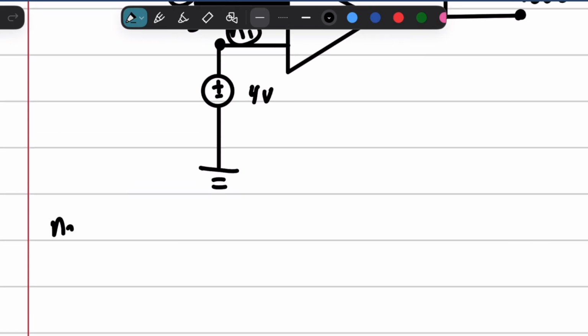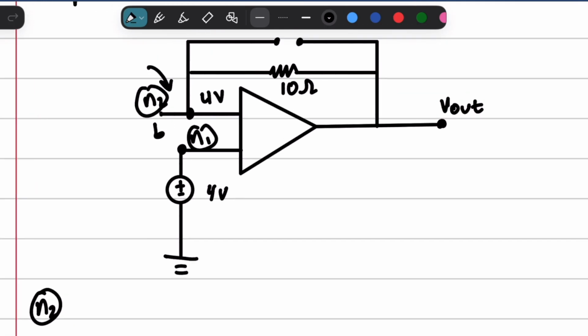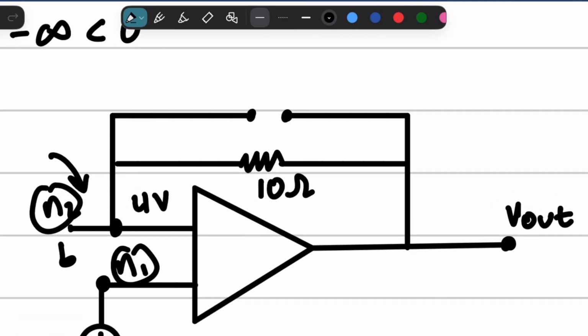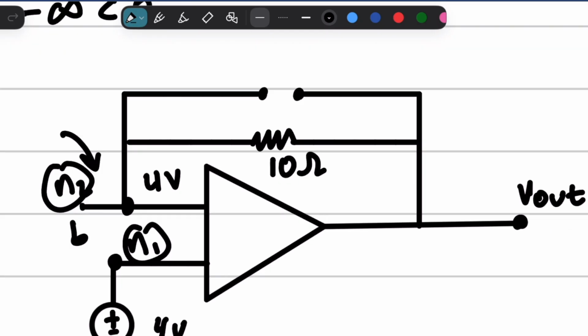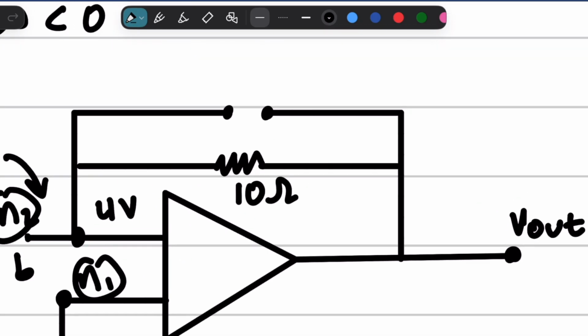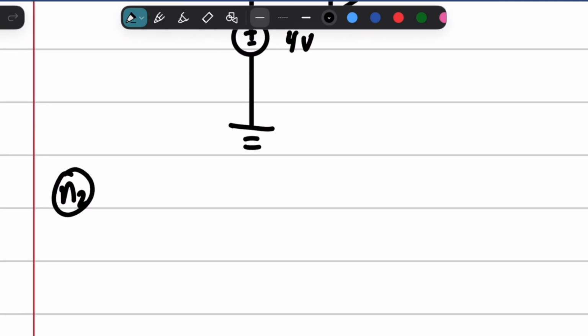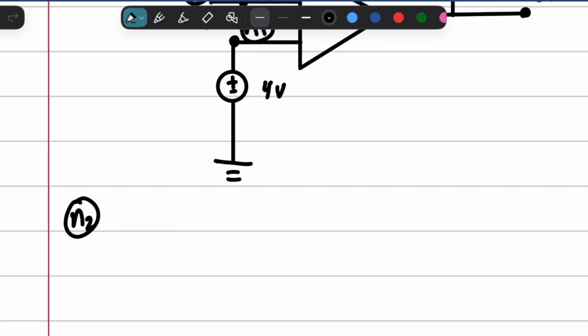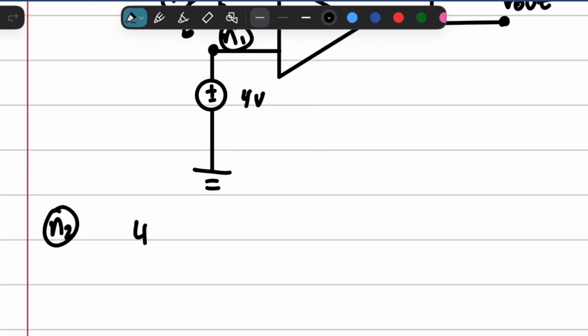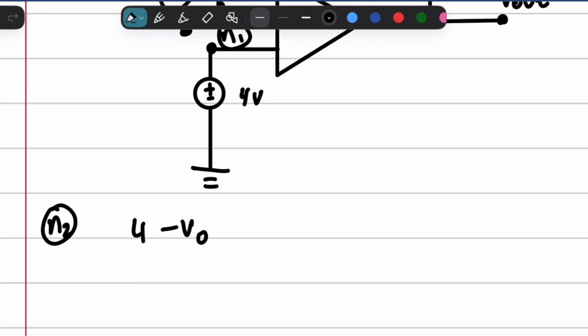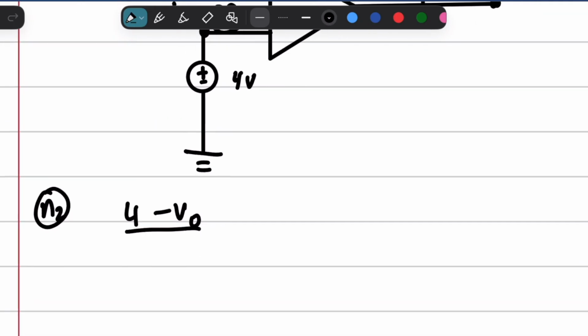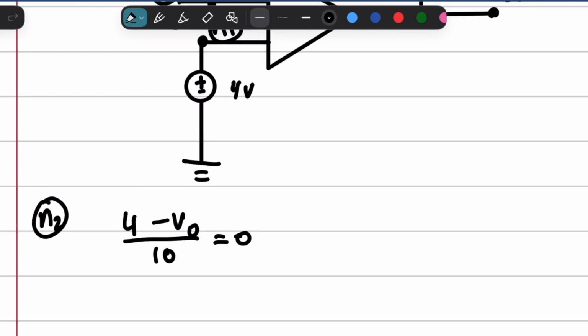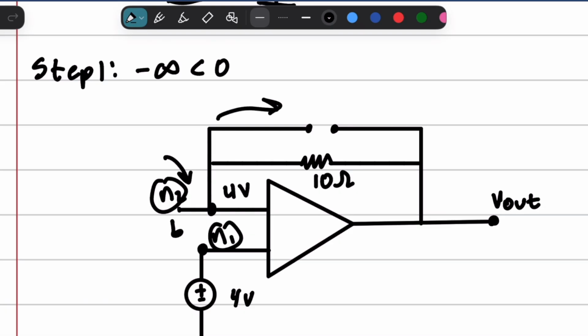So let's go ahead and solve for N2 to get it in terms of V out. We have just a capacitor right here and no voltage. The voltage across it is 4 up to V out. So we are just going to say (4 minus V out), I'm just going to say V0, over 10 is equal to 0, because we have nothing going out this way.